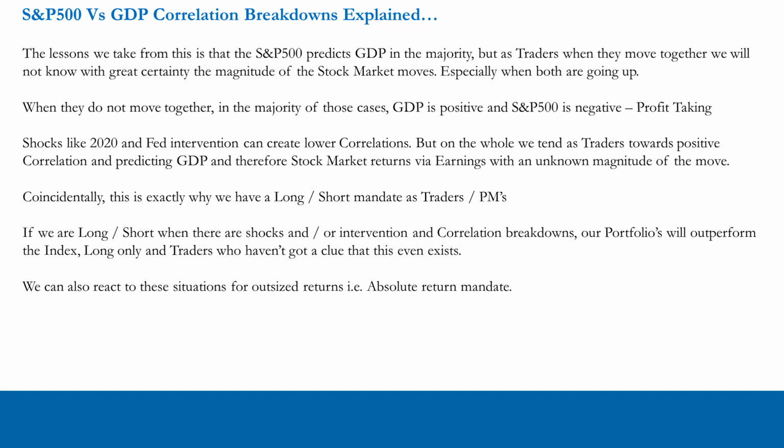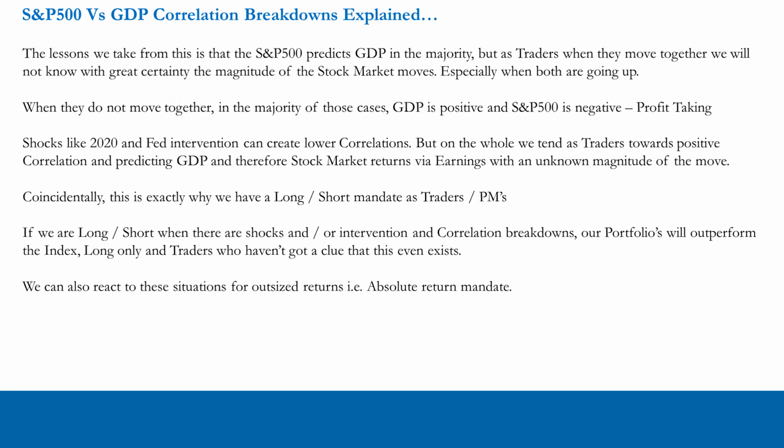Additionally, we can also react to these situations for outsized returns. So the absolute return mandate. Again, guys, we're not really interested in measuring ourselves against the index or against long-only traders and PMs and traders who don't know what they're doing. We just want to make money when the market goes up and the market goes down, okay?